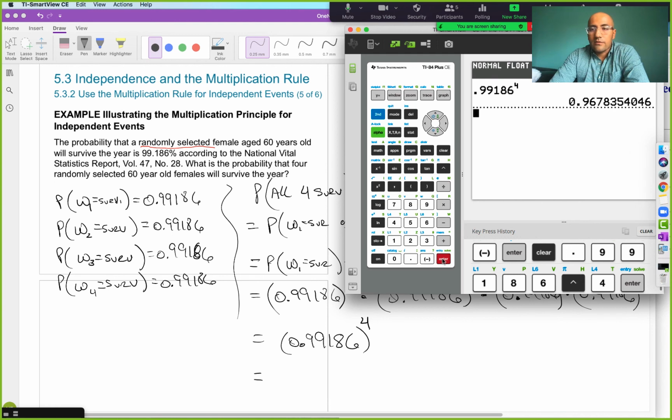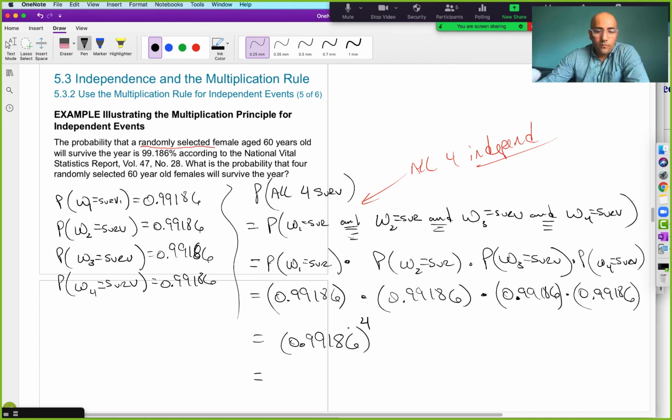A little bit smaller. So now it's only 0.9678. Right, so now we're at a 96.78% chance that all of them will survive.